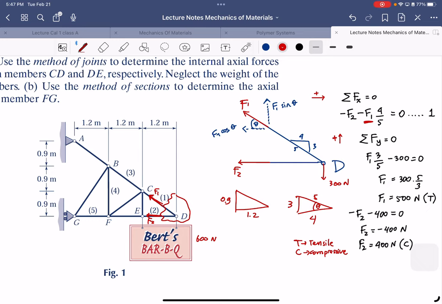Okay. So this will be where we cut. And we are going to draw this part again as our free body diagram.